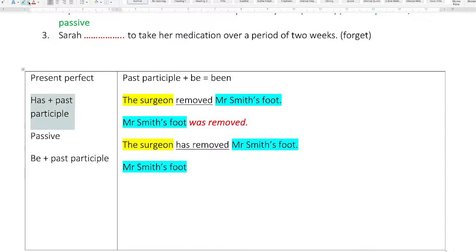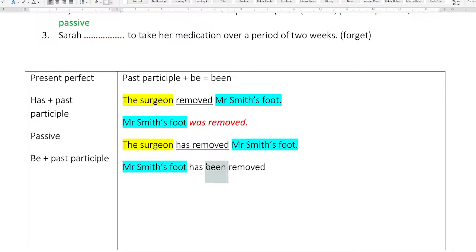The present perfect can be in yellow. The past participle can, well, actually, no. What colour should we use here? We'll do no colour. Okay, I'm going to have to put has at the beginning. I'm going to have to put removed at the end, doesn't change. And in the middle, I'm going to put been. Okay, because I need to have this, the past participle plus be. Been.